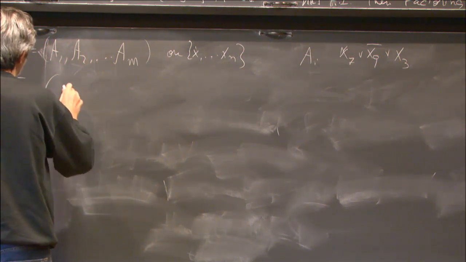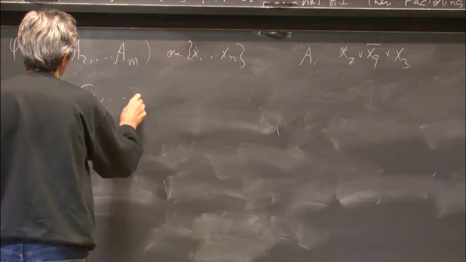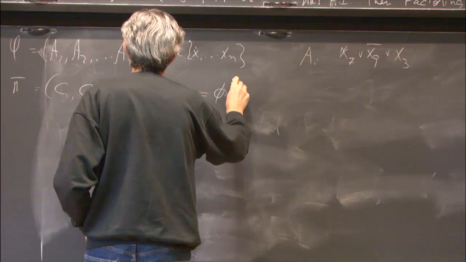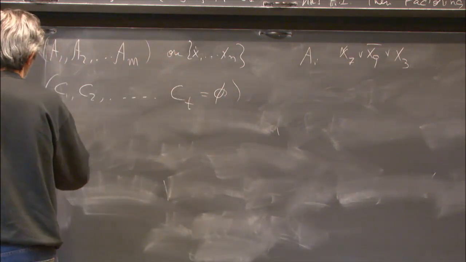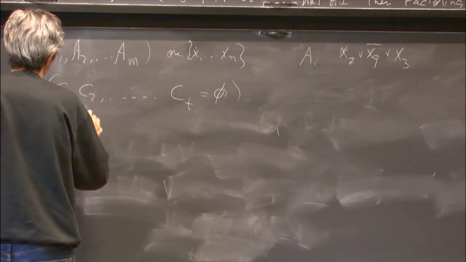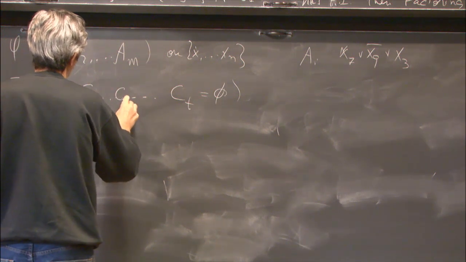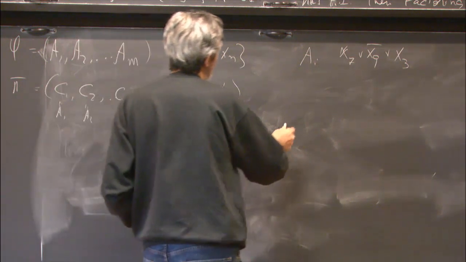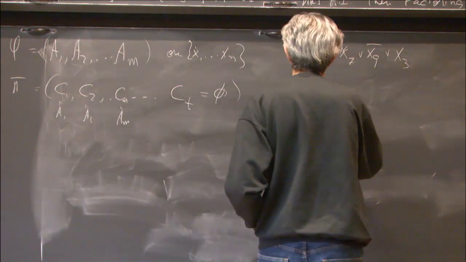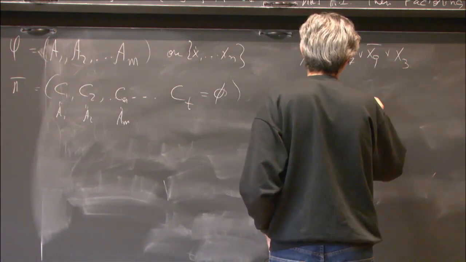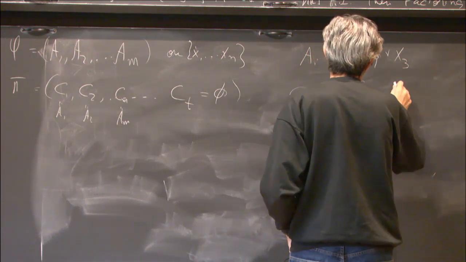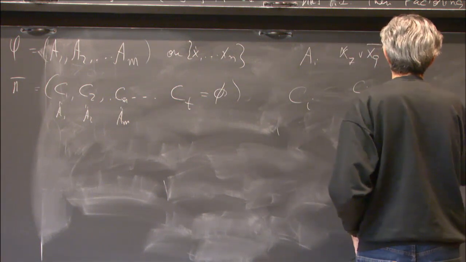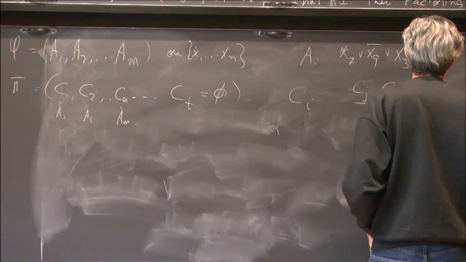Let me just say how a deductive proof in general looks like. The proof pi we will think about will be C1, C2, up to CT, which is a contradiction, and these first ones will be the axioms A1, A2. So we start from the axioms, and then each Ci is derived from some Cj and Ck by a legal deductive rule, a legal deduction.